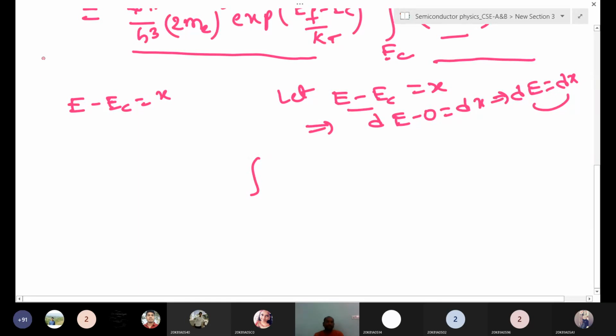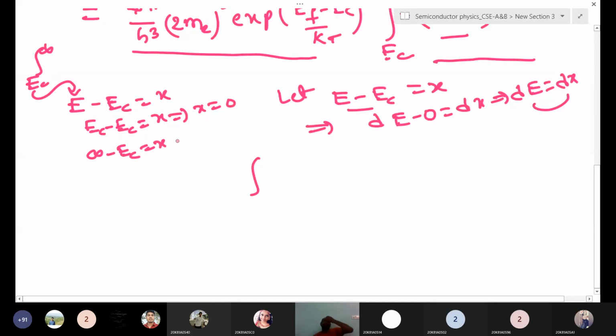First substitute E_C: E_C minus E_C is 0, so the lower limit becomes 0. Upper limit: infinity minus E_C is equal to X. What is the X value here? Infinity, very good.